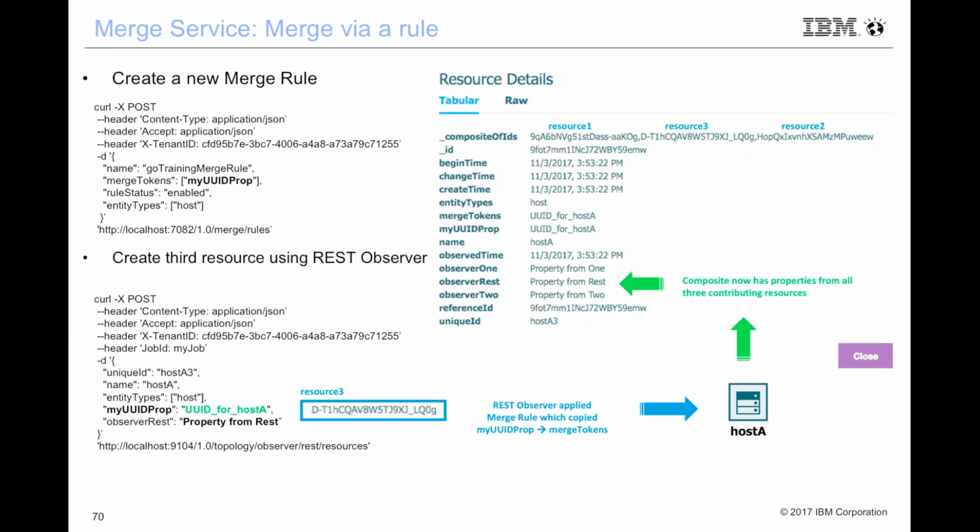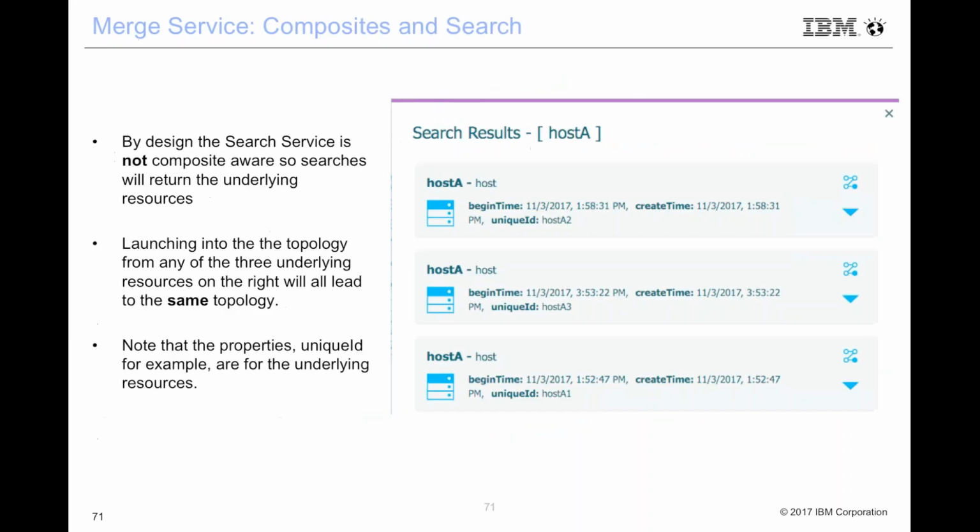So you'll notice that what we're posting doesn't have the merge token set, but the REST observer will actually apply the rule and set the token, which in turn would merge that third resource with the first two. And then if you looked at these in the UI, you'd now see that the composite of IDs has increased. We now have 3 IDs. I'm conscious we're a bit tight for time, but we're nearly through the slides, so if we move on.